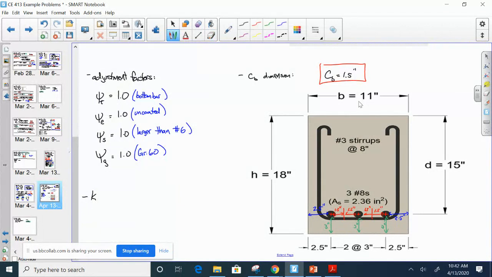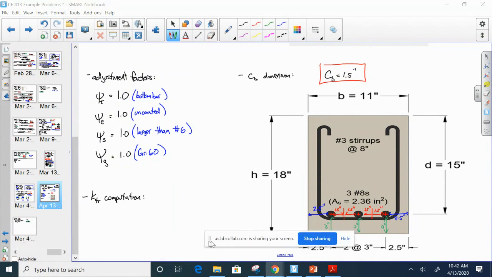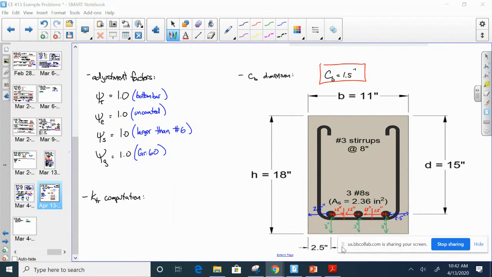KTR is our transverse reinforcement index. So we need, here, I'm going to move this over here now. We need ATR, we need S, and we need N. Now, ATR is our transverse reinforcement area.